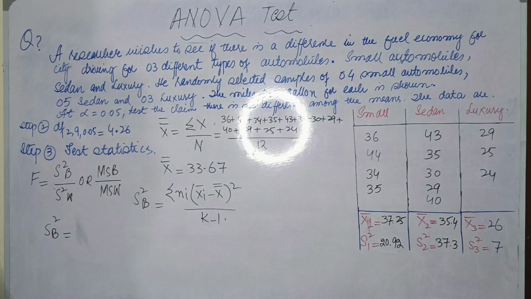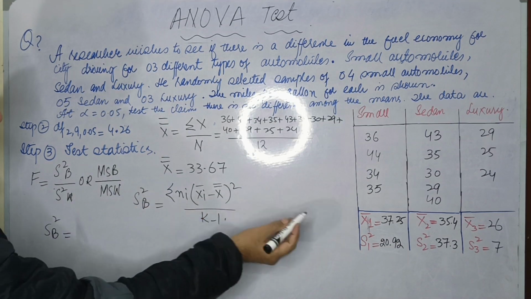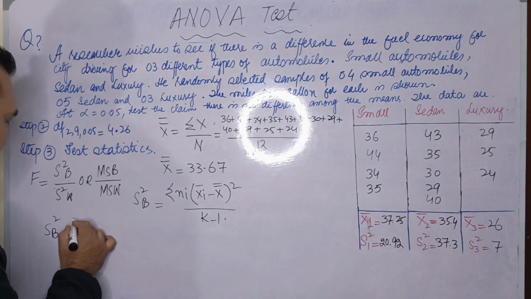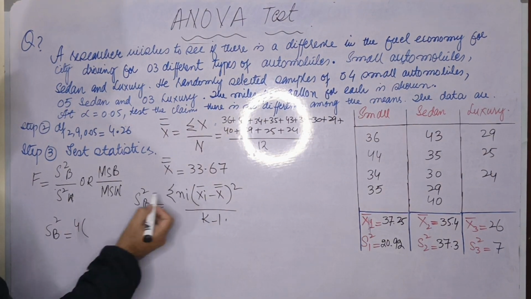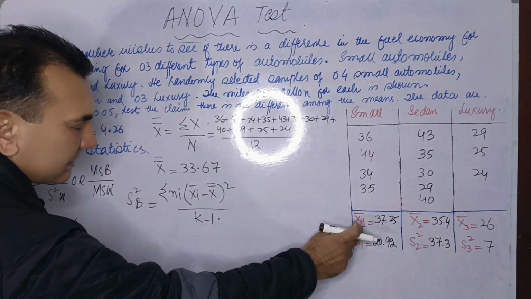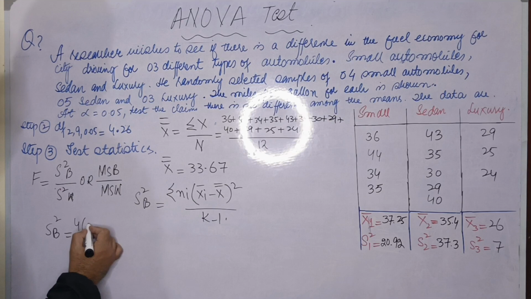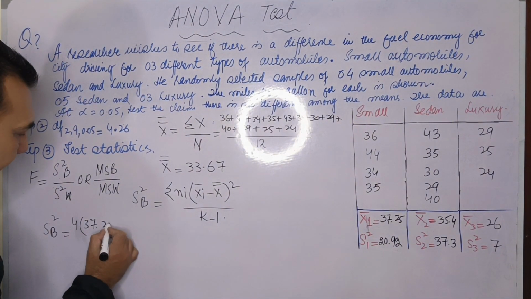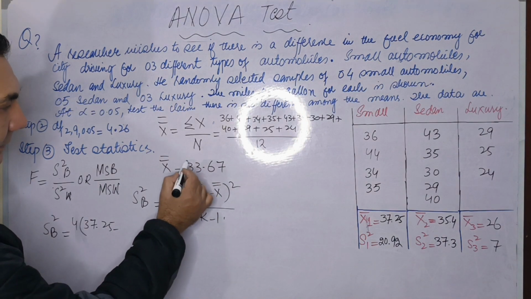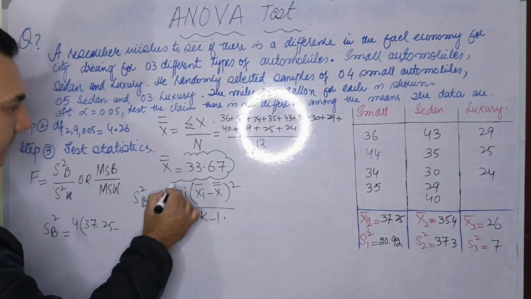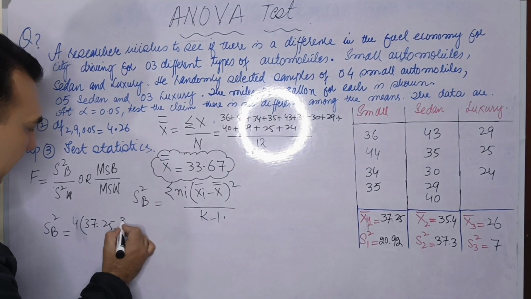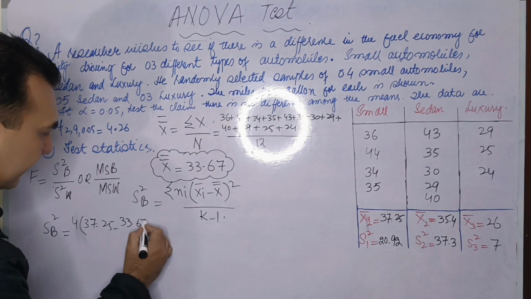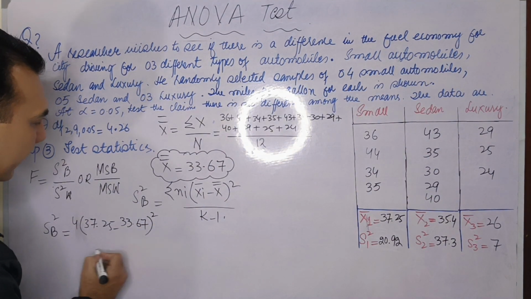It means the sample size for every group. For the first it is 4. The sample mean of the first sample is 37.25. What is the grand mean? The grand mean is 33.67, then we will square it.